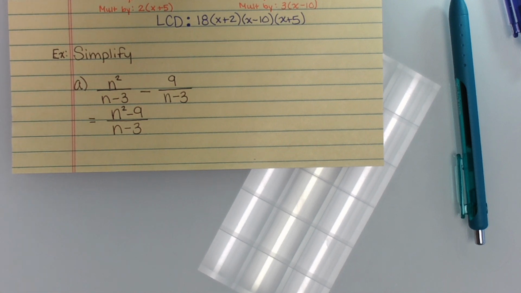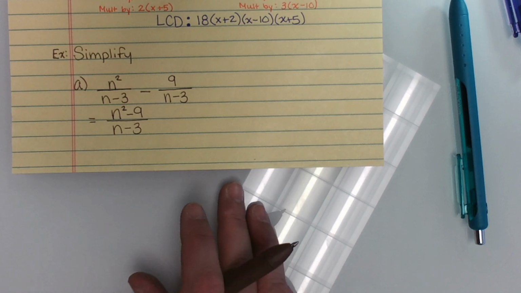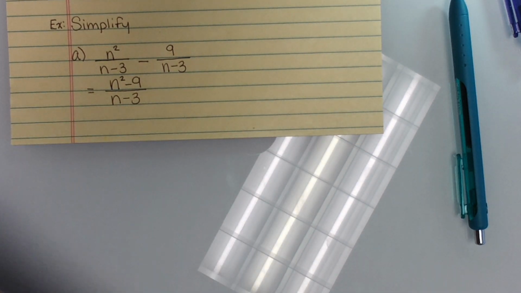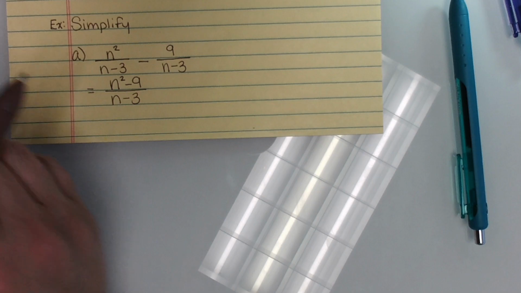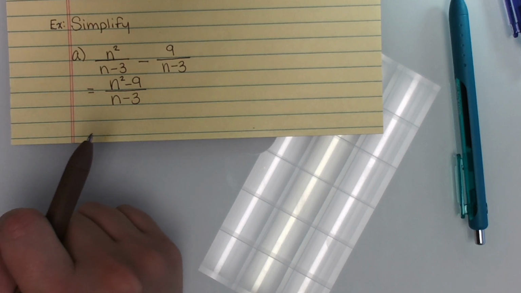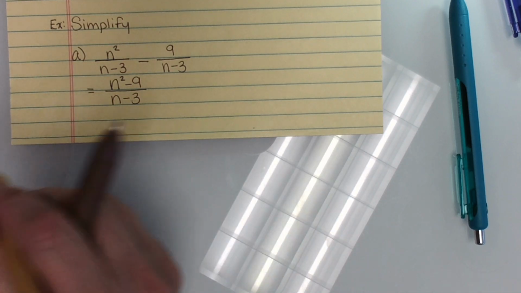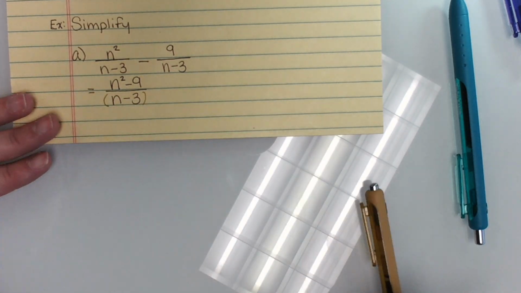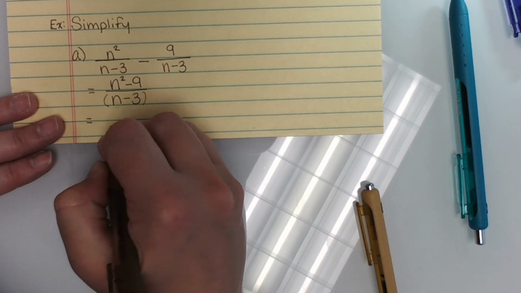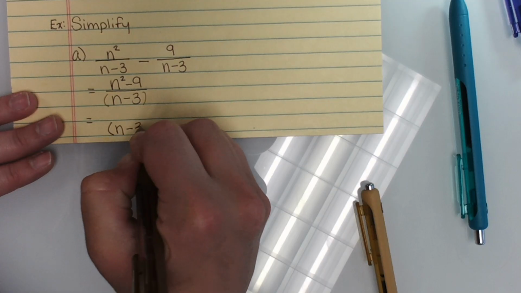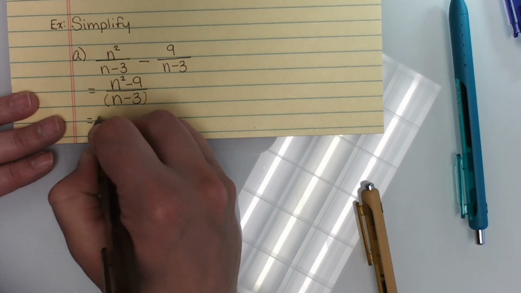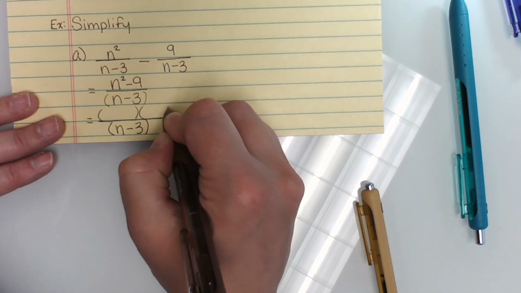If I want to simplify these, what do I do? Factor. Top, bottom, or both? Not the bottom? Technically you would try, but you can't. Okay. It is a one-step factoring, so I'll leave it in the fraction form. What does n squared minus 9 factor to?